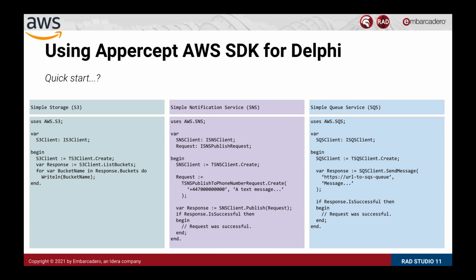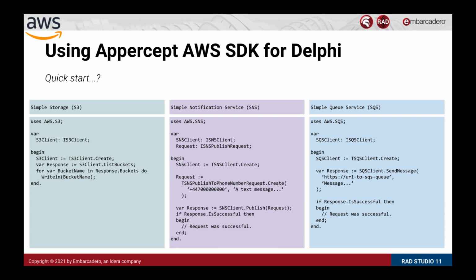The next line is again very similar to the S3 example. We're asking the client to publish a message with its publish method, and we are passing it the request. Because this is a slightly more complex request, there's more data going into it.